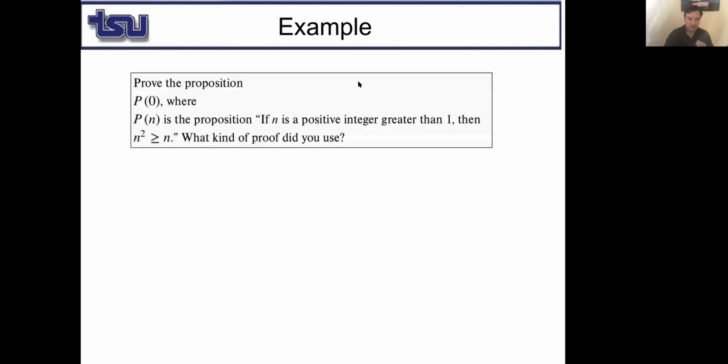All right. So here is an example. Prove the proposition P naught is true. How do we show that proposition P naught is true? And P of n is the proposition: if n is a positive integer greater than 1, then n squared is bigger than n. So basically, if n is bigger than 1, then n squared is bigger than or equal to n.